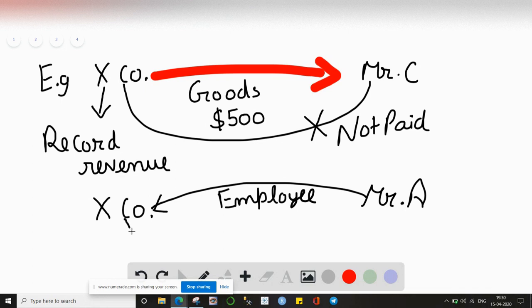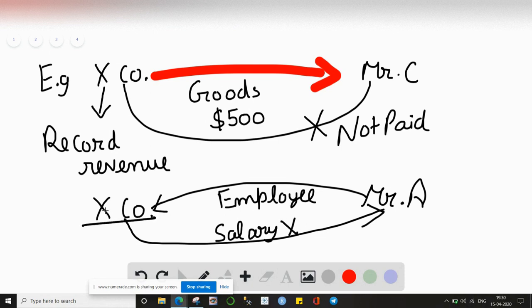Even if X has not paid the amount equivalent to the salary of Mr. A, X will still be required to record the expense. This is what the principle of accrual says.